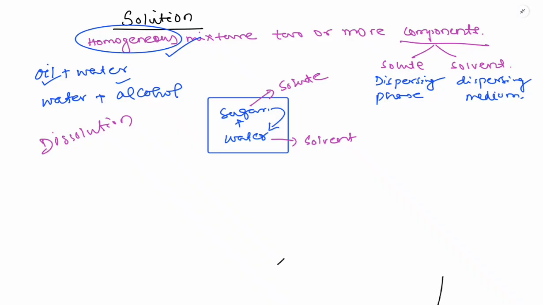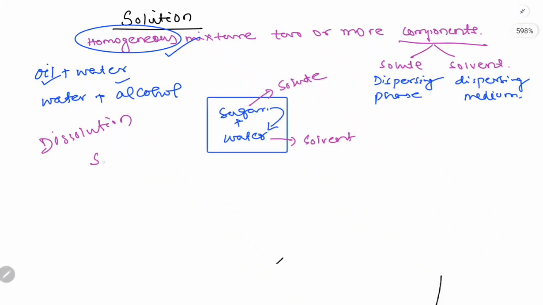On the basis of physical state, there are three physical states: solid, liquid, gas. So we can say that solute can be present in three states, and solvent can also be present in solid, liquid, gas. In this chapter, for us, solvent will always be liquid.